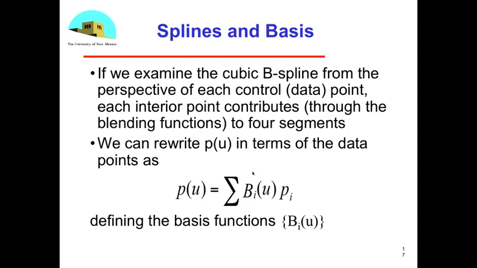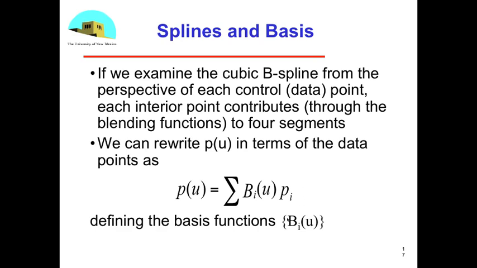Now, the other way of looking at this, just briefly, is that if you look at a spline from the point of view of one of the data points, each data point is going to contribute to 4 different little splines, and each little spline is only used over 1 segment. So we can write things down.